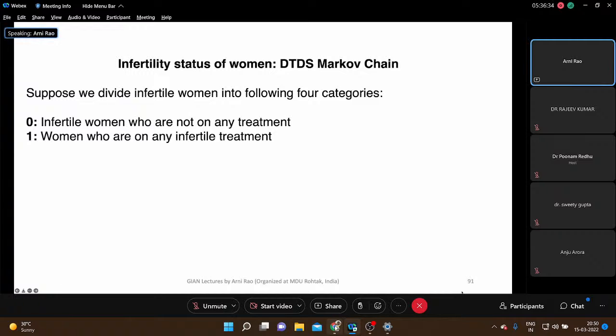Number one, this is just a categorization. 0 indicates infertile women who are not on any treatment. 1 indicates women who are on any infertility treatment. And 2 means those who conceive out of those treatments.